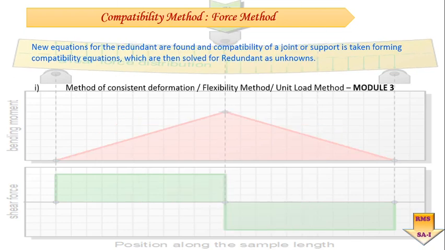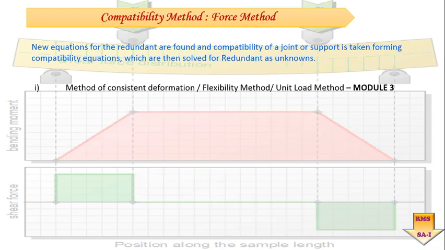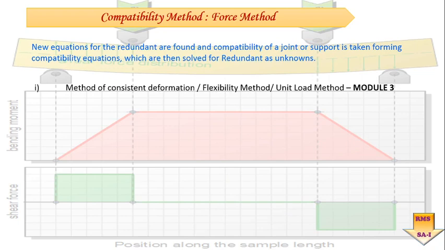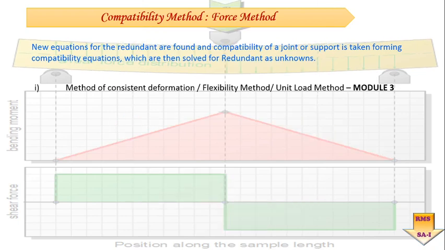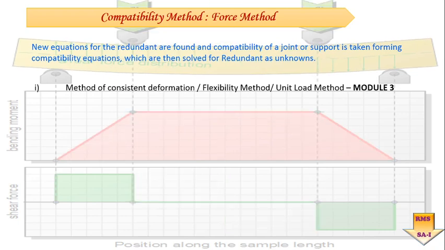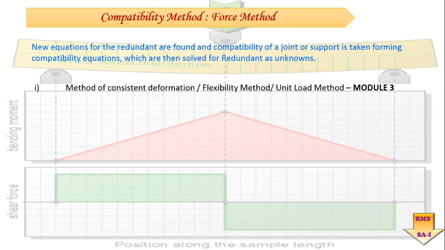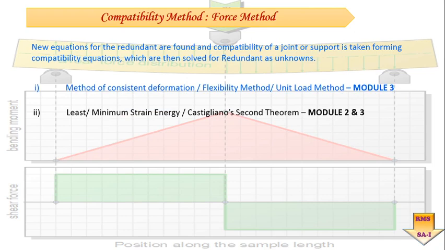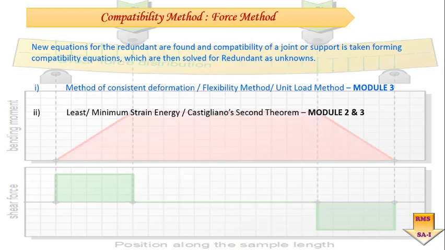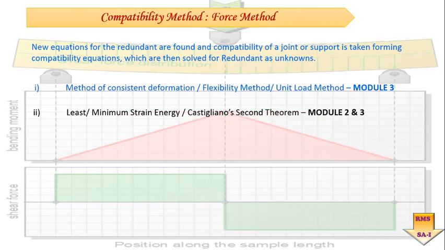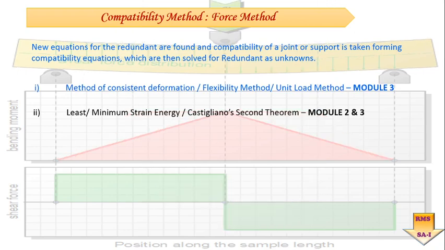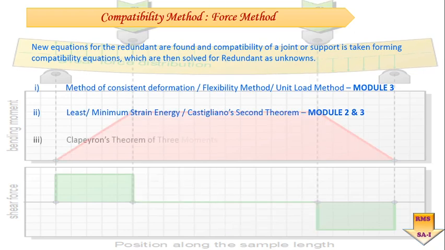In this compatibility method, we have already studied certain methods. The first method is the method of consistent deformation, which is also called the flexibility method or the unit load method, which we have already studied in module number 3. The second was related to Castigliano's second theorem, and these Castigliano's theorems we have studied in module number 2 and module number 3.